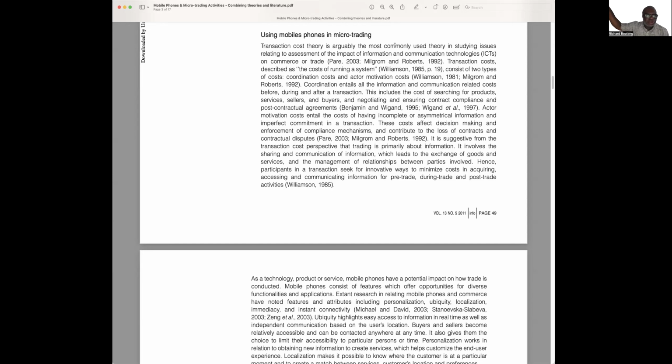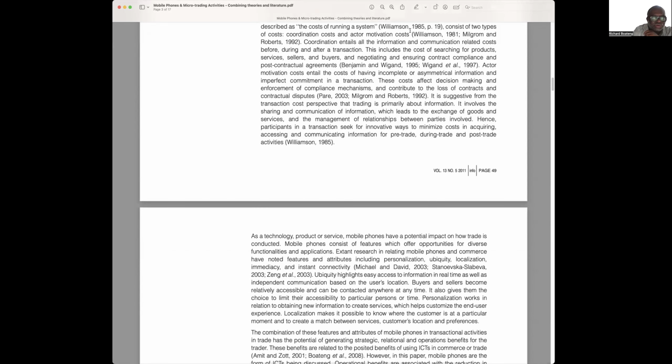It involves the sharing and communication of information, which leads to the exchange of goods and services and the management of relationships between the parties involved. Hence, participants in the transaction seek innovative ways to minimize costs in acquiring, assessing, and communicating information for pre, during, and post trade. Okay. So that is the first part, transaction cost theory.